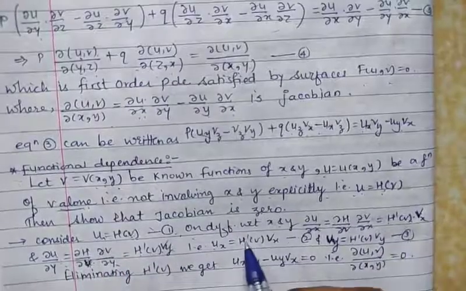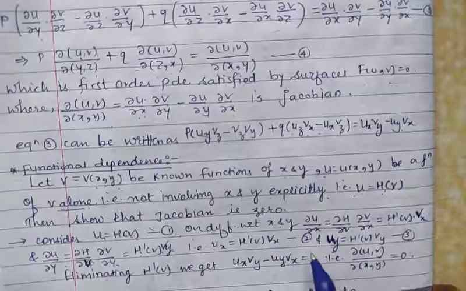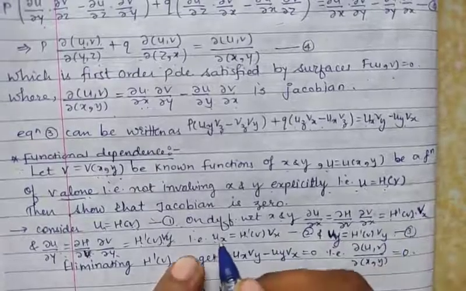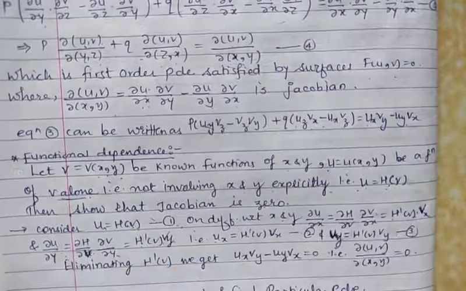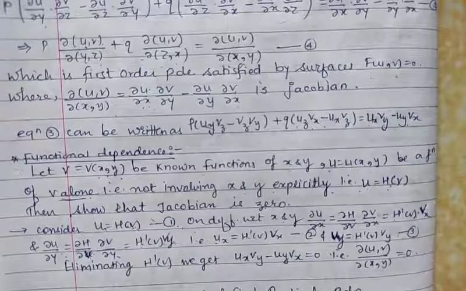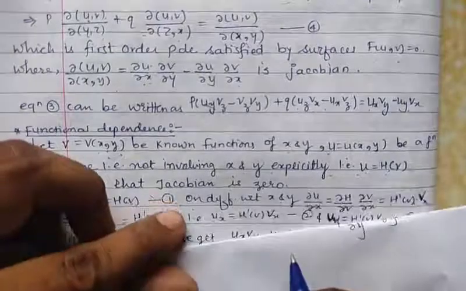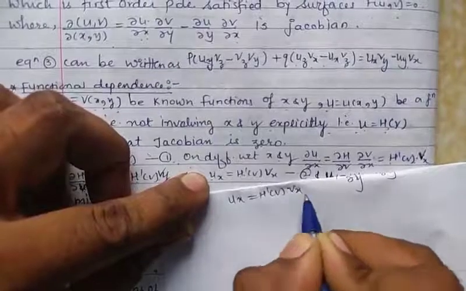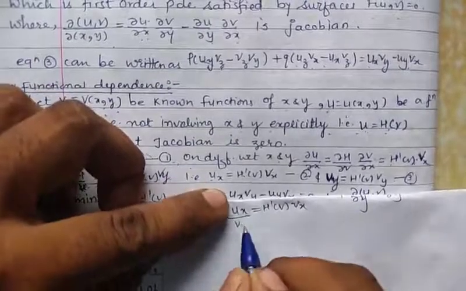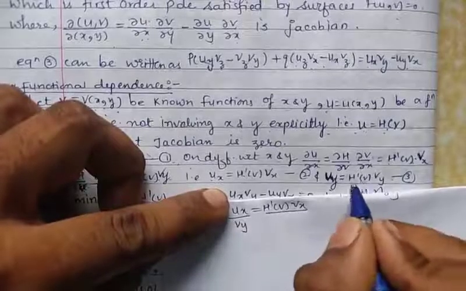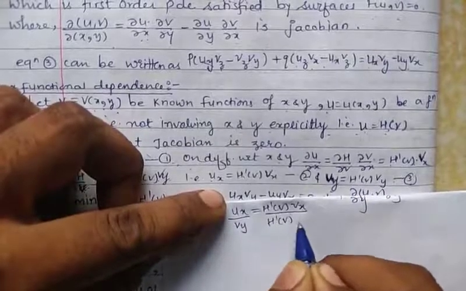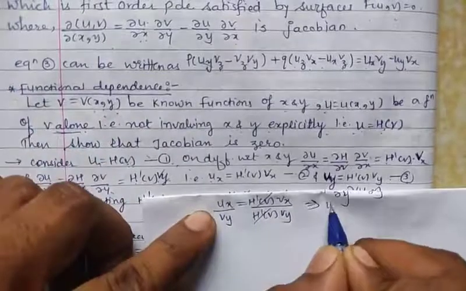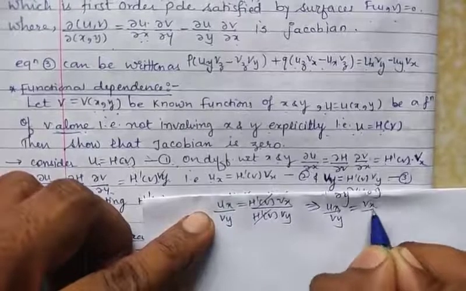Now eliminating h dash of v between these two equations, so what can I do? Divide equation 2 by equation 3, then what will we get? What is equation 2? Our equation 2 is ux is equal to h dash of v into vx, divided by equation 3, uy is equal to h dash of v into vy. Okay, so h dash of v gets cancelled. So what will we get? ux upon uy is equal to vx upon vy.